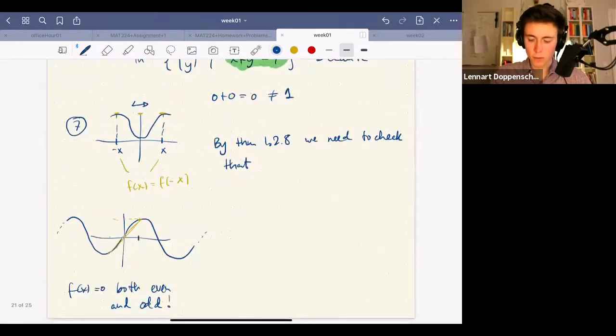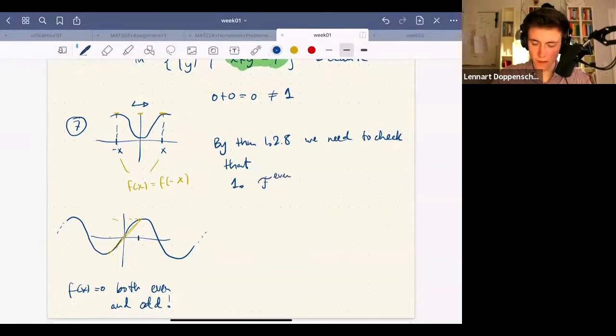So this theorem 1.28 says that we have to check two things. First, it's non-empty, and second of all, that alpha v plus w is in the set for any vectors and scalar. So let's start with the first thing we need to check.